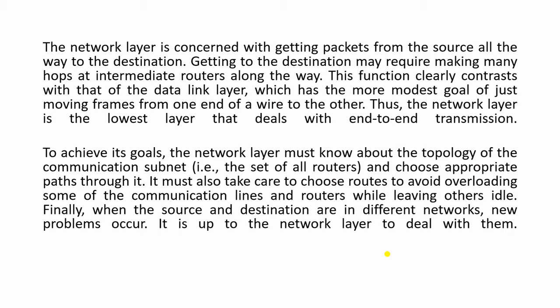It must also take care to choose routes to avoid overloading some of the communication lines and routers while leaving others idle. Finally, when the source and destination are in different networks, new problems occur. It is up to the network layer to deal with them.